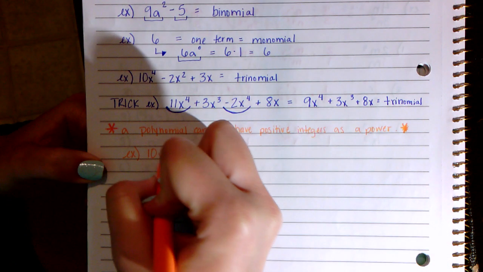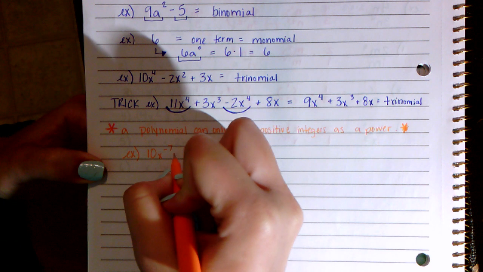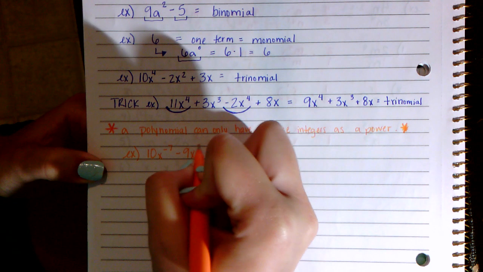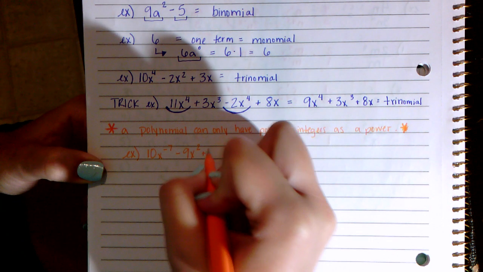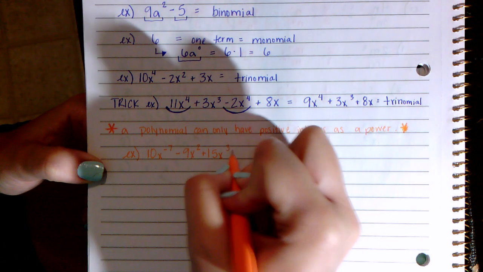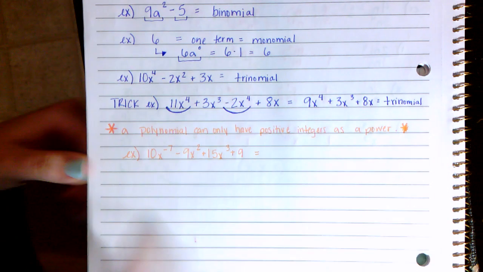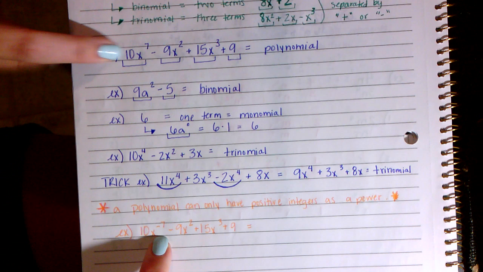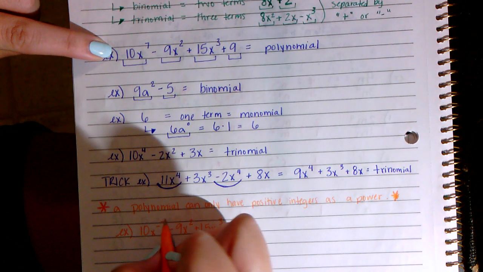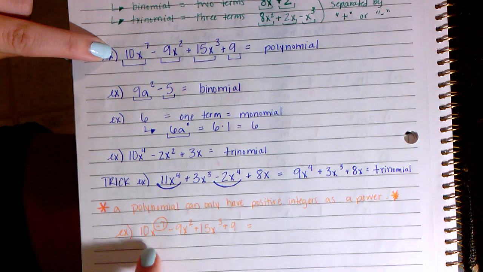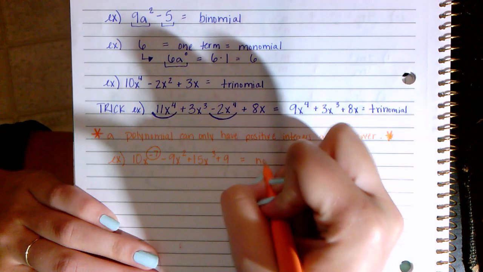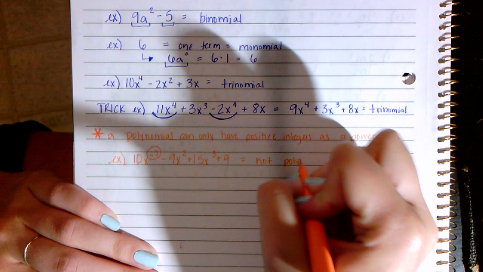So if I have 10x to the -7 minus 9x squared plus 15x to the 3rd plus 9. Okay, this is exactly like our very first one. The only difference is right here. I have a negative exponent. So, not a polynomial.